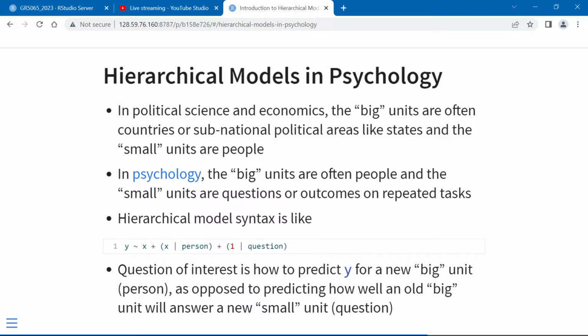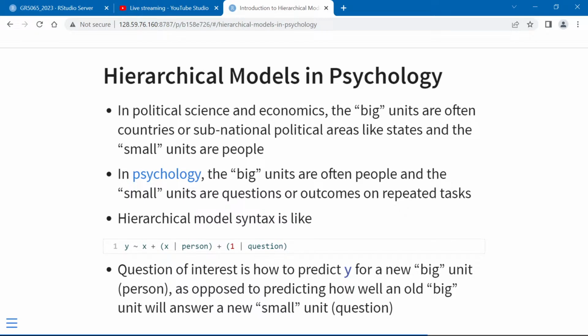And so you get this structure to the data where you have variation by person in terms of their personality or intelligence, whatever it is you're trying to measure. And then you have variation in terms of the questions or the games or the tasks that are being talked about. But the question of interest oftentimes is how to predict the outcome for a new big unit, a big unit that you haven't observed yet, big unit being person.